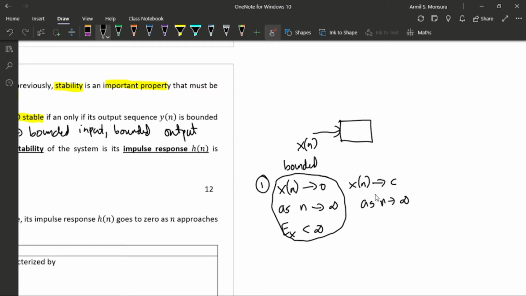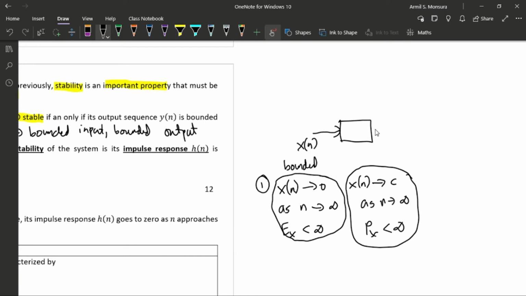While if your x[n] approaches some finite non-zero value as your n approaches infinity, then it is a power signal, because your sequence persists over time. It should have a finite average power. So this is our condition. That is how you would be able to say that your input sequence is bounded.